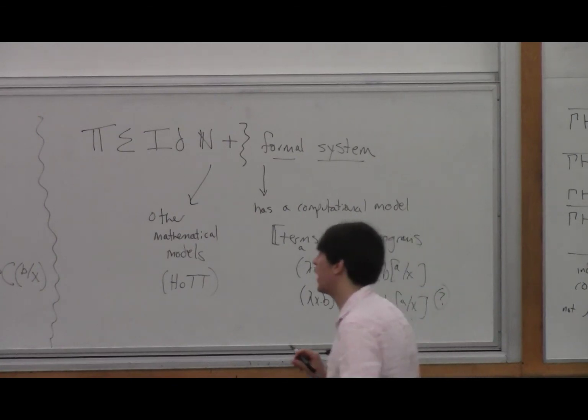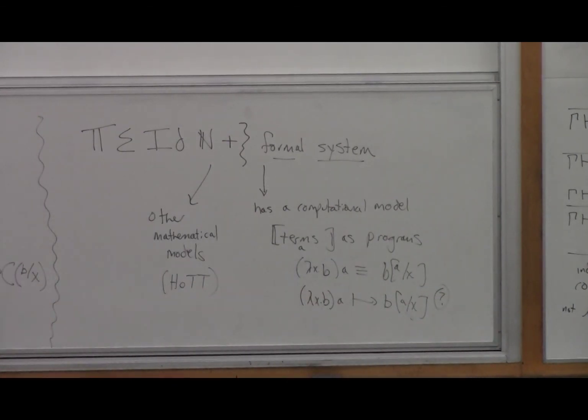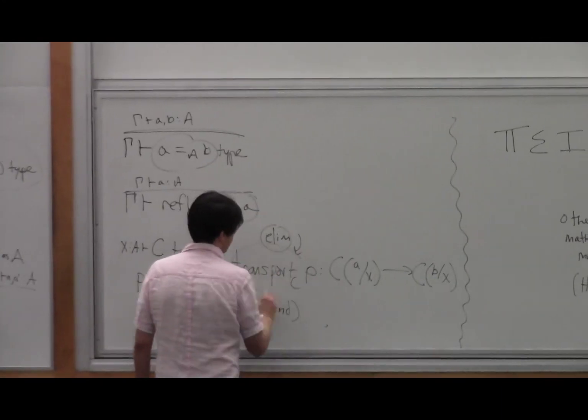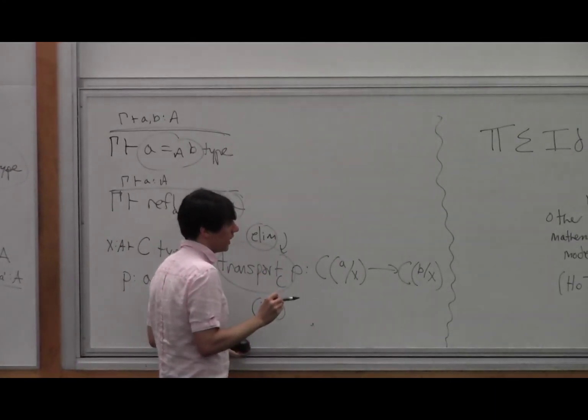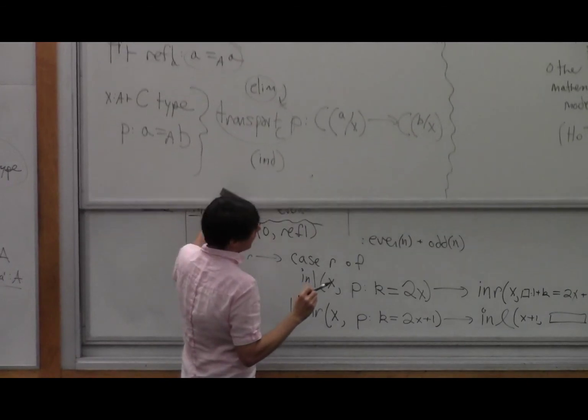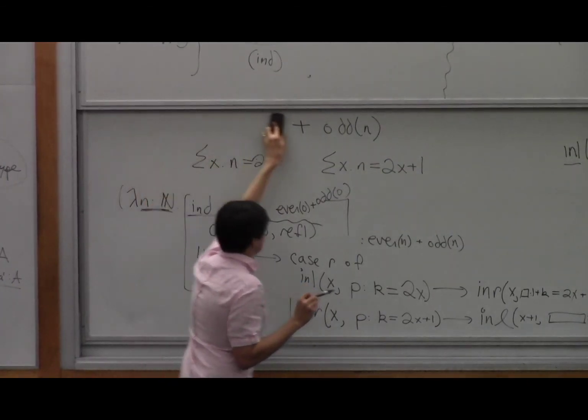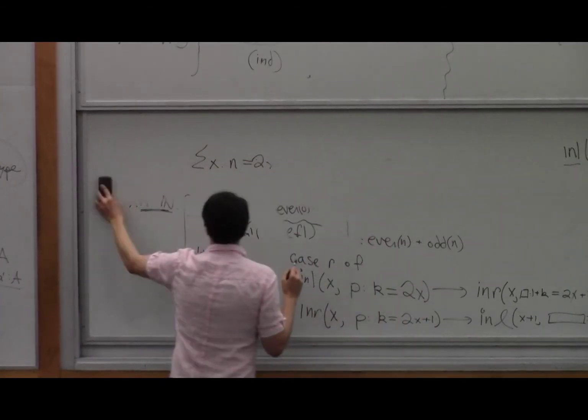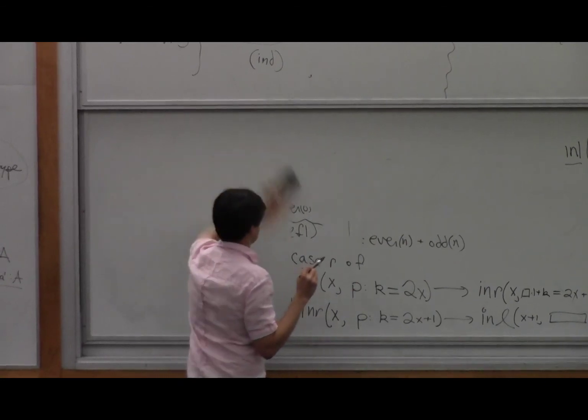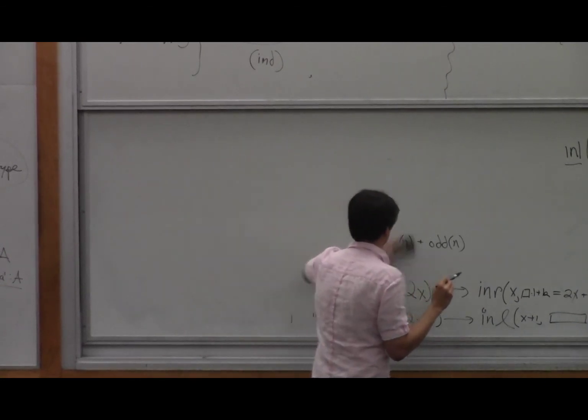So it turns out that these rules for the identity type don't just apply in a setting where you're thinking of the identity type as being proofs of equalities that don't have any structure to them.